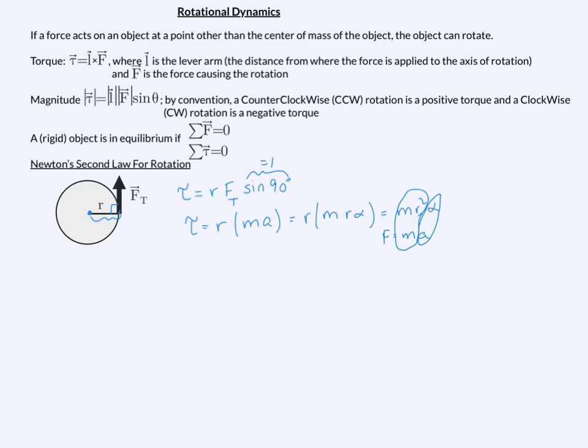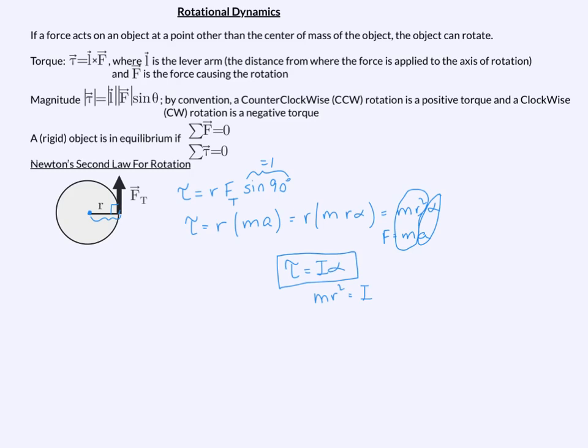So we like to rewrite this as torque equals I alpha when we set mr squared equal to this I, and that we call the moment of inertia of the object. So this then becomes Newton's second law for rotation.